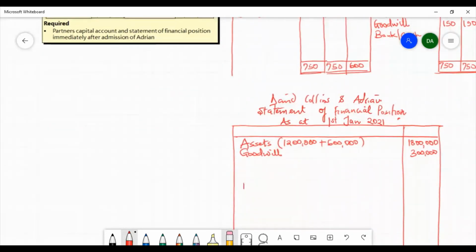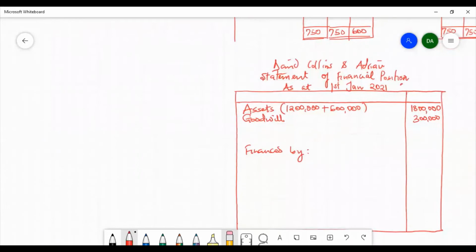Then this is financed by capital accounts. Capital accounts for David, the second partner Collins, and then Adrian. The capital account for David has a balance of 750,000.